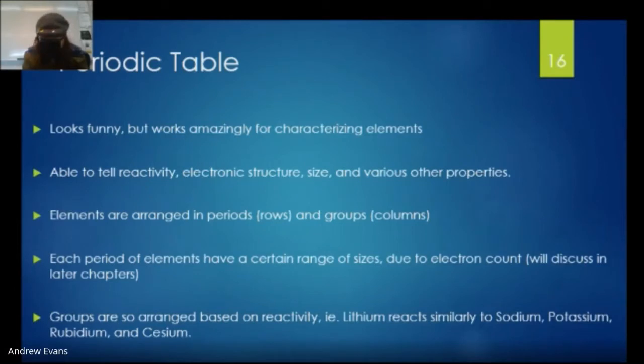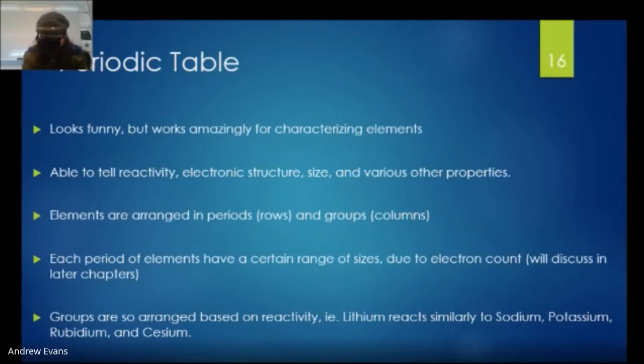And each group is a range based on its reactivity, such as lithium is above sodium, which is above potassium, which is above rubidium, which is above cesium. All those guys will react very similarly. When they form bonds, they will lose one electron to form one bond. As we move down the table, they'll be more reactive, but they'll form the same types of bonds.